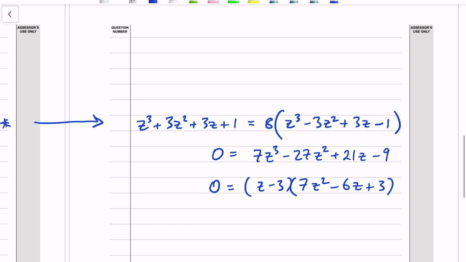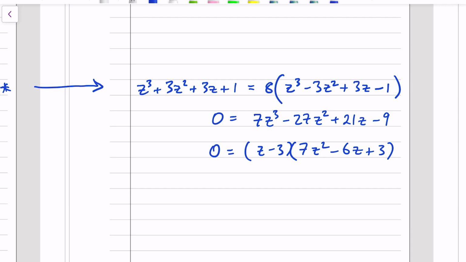I'll leave you to check that, and solving the quadratic equation using the quadratic formula. Z is equal to 3, or Z is equal to minus B plus or minus the square root of B squared minus 4AC all over 2A.